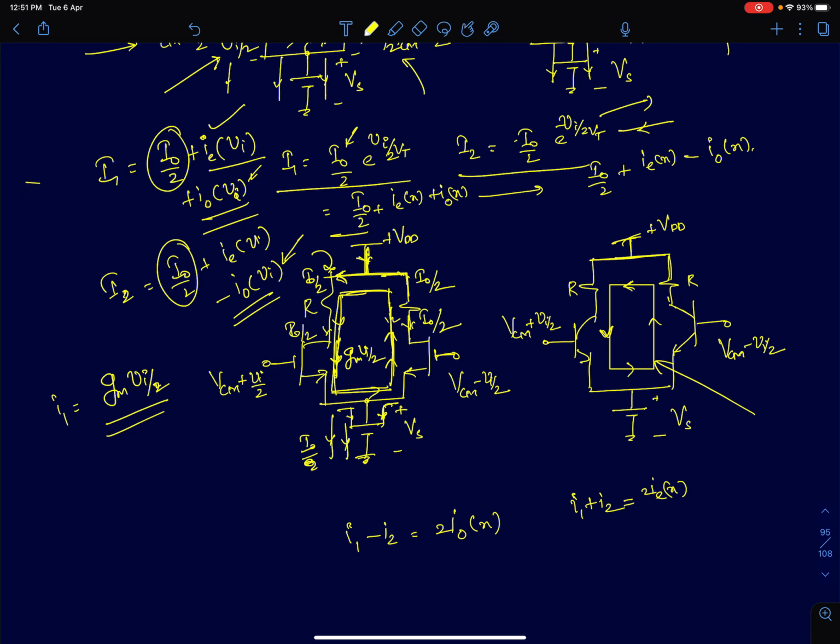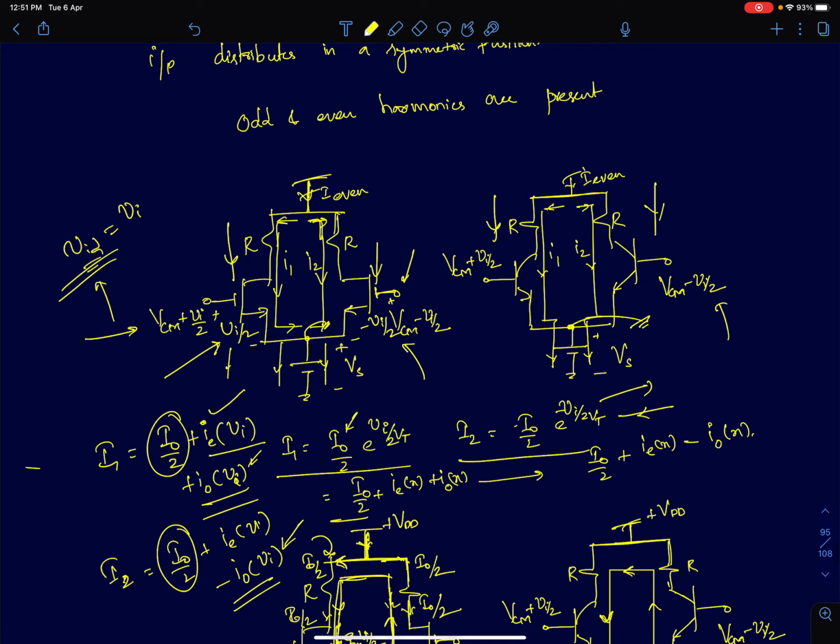Now if you look at the even harmonic currents on the other side, both of them have the same polarity. If I assume beta or alpha times Vi square is the even harmonic current, both of them are going to flow in the same direction and both will flow into the tail terminal and into ground.